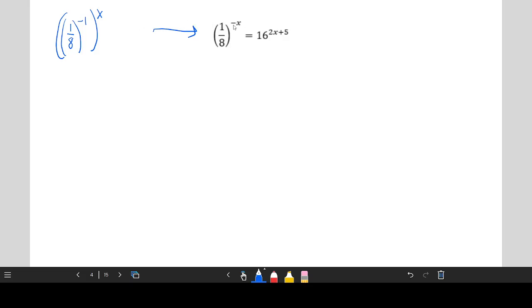Negative 1 times x is negative x. The reason I'm doing that is to make the left side a little easier to look at, because we can take 1 over 8, raise it to the negative 1 first, and that just becomes 8. It's the reciprocal of 1/8. So really the left side here is just 8 to the x.